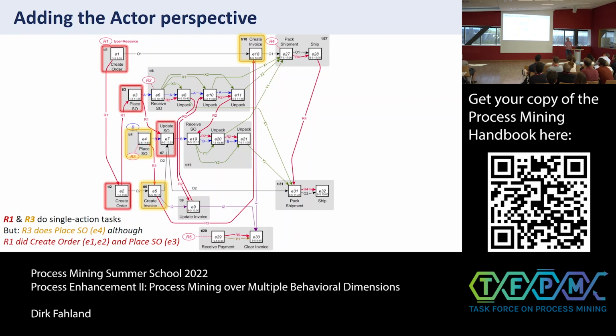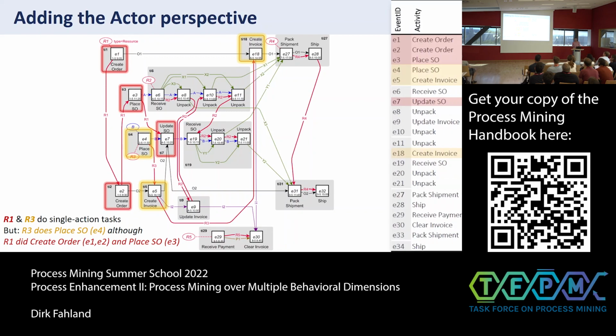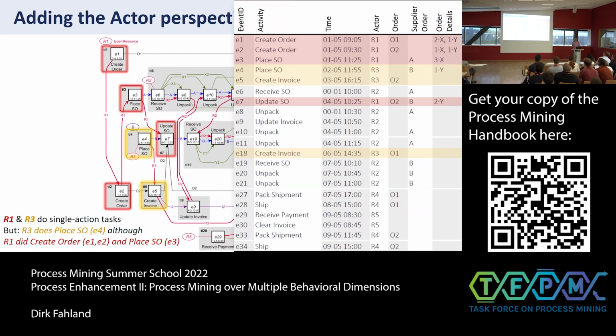So maybe that was the cause why we had to update the supplier order. Remember that here there was just one Y added. It wasn't the same person who created the orders who also placed the supplier orders. So maybe that is the reason why things went wrong here. You can see this from the actor behavior. It's also here how this comes back in the data.